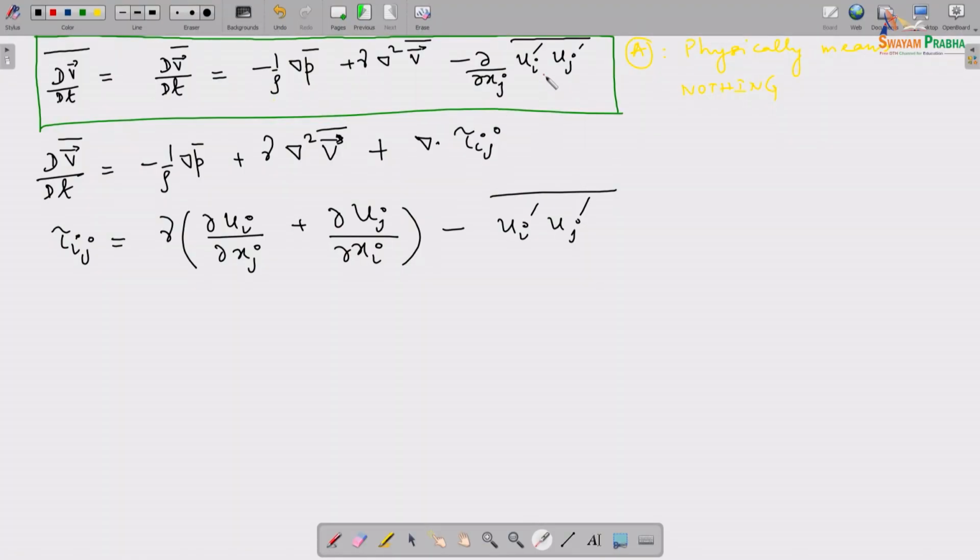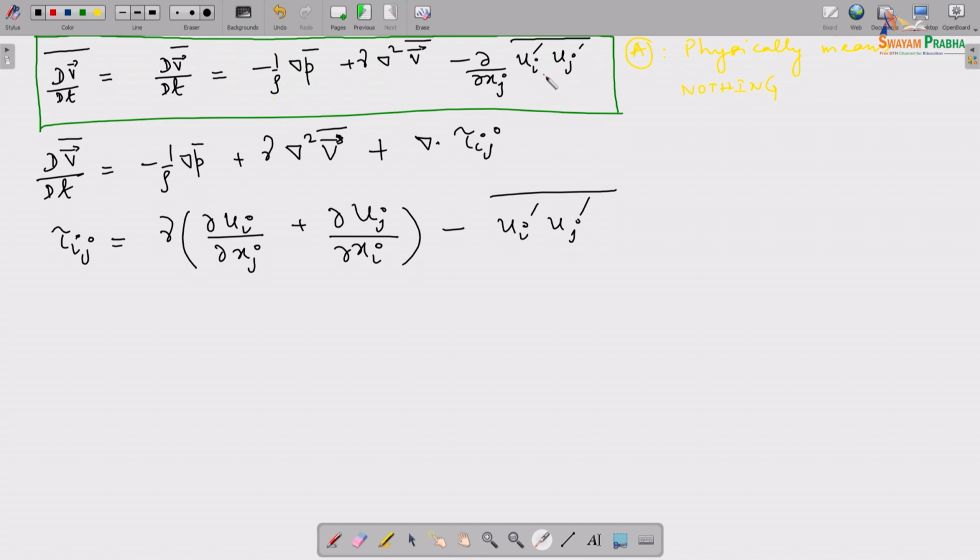I'm going to write it in this fashion, and then I take the gradient of this, and I should be getting back this equation. You have to cross check whether that is correct or not. This is an exercise I'll leave you to do.